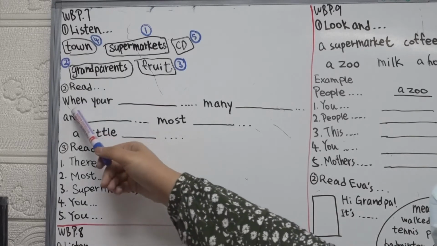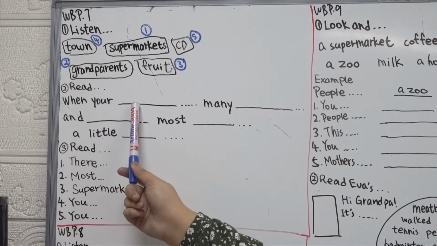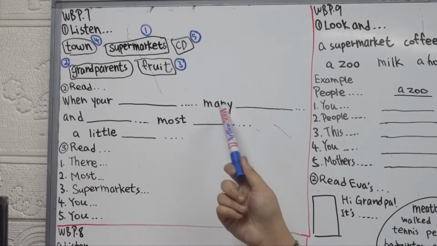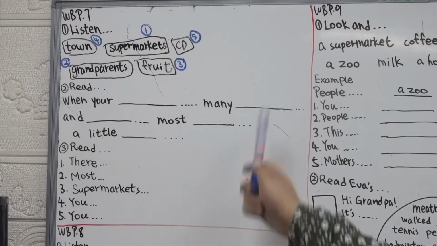Alright, let's read. When your grandparents were young, there weren't many supermarkets. They went to lots of different smaller shops. So what can belong to you here?